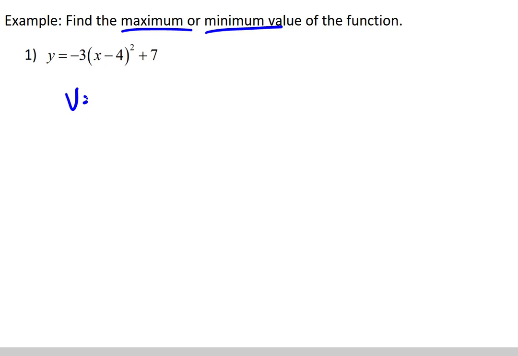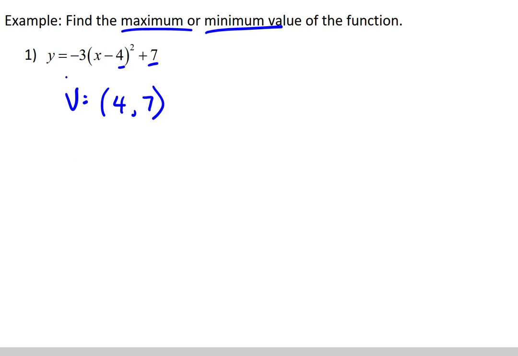So let's recall the vertex is h comma k, and in this case, that would mean 4 comma 7, getting those values directly from the standard form locations we've been using. If the vertex is 4, 7, that's useful, but we also have to discuss whether this function or parabola is opening upward or downward.